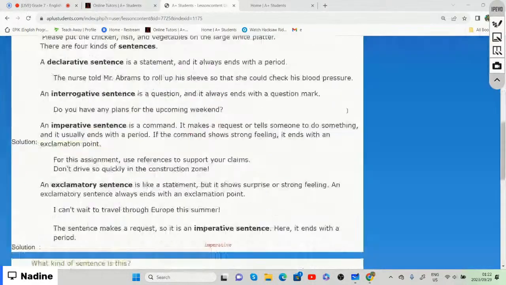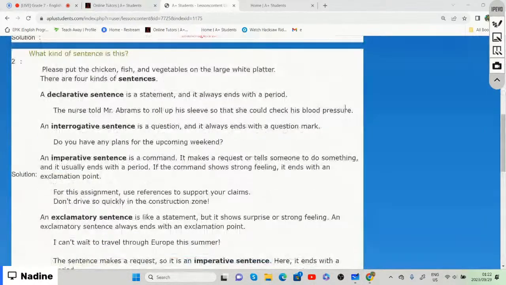All right, the next one is: Please put the chicken, fish, and vegetables on the large white platter.